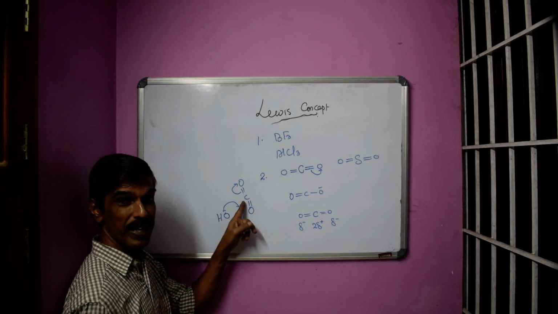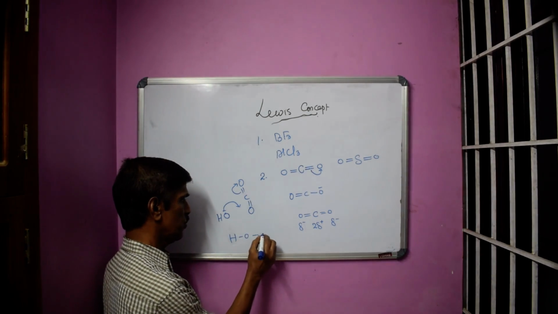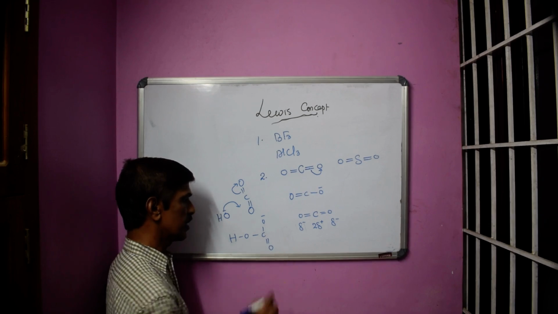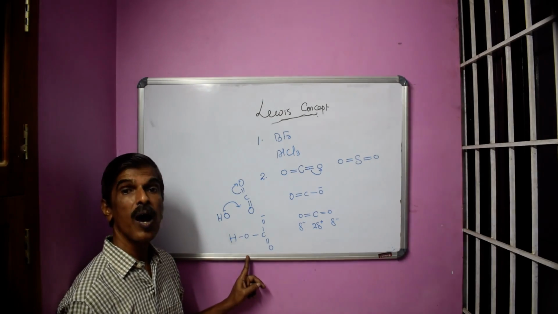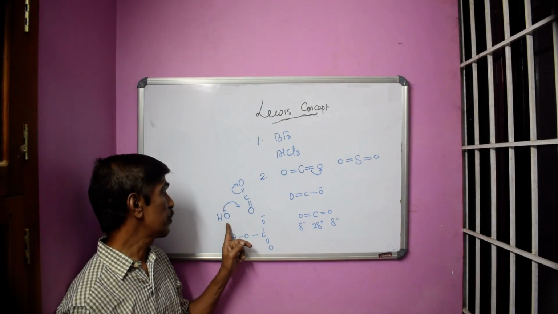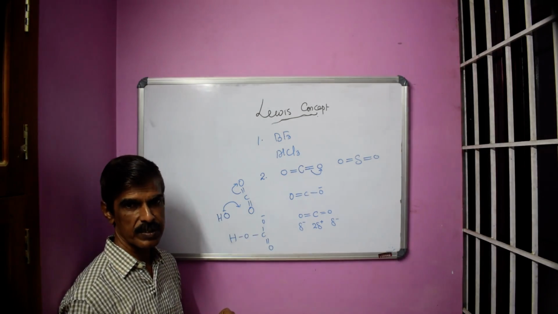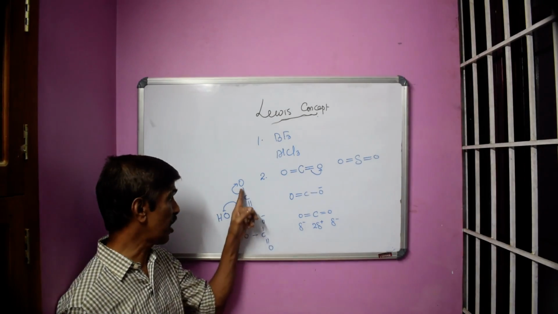This electron pair is bonded to carbon and we get HOCO minus O. This is HCO3 minus, that is, a bicarbonate ion formed by the combination of the hydroxide ion and carbon dioxide. You follow? Here OH minus is donating a pair of electrons to carbon dioxide.